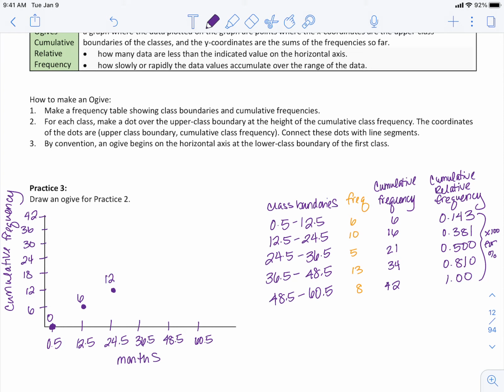At the end of the next one, at 36.5, we're at 21. At 48.5, we're at 34. And then at 60.5, we are at 42. And so then we connect our dots.